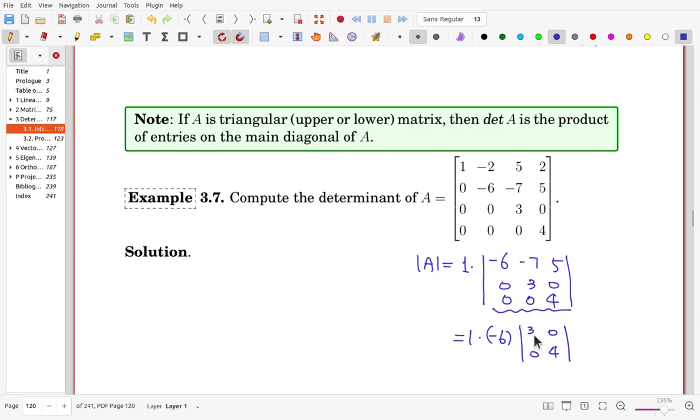For that one, the determinant is 12. So 1 times minus 6 times 3 times 4 is the determinant. That is exactly the same as the product of diagonal entries. Upper triangular or lower triangular, the logic is the same.